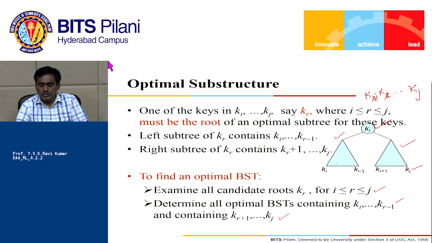In this left subtree again we choose one root, and then again we have a left subtree as well as a right subtree. Similarly, go to the right subtree, choose a key as root, and again we have a left subtree as well as a right subtree. Like this we continue dividing the global or original problem into sub-problems, sub-sub-problems, and so on.